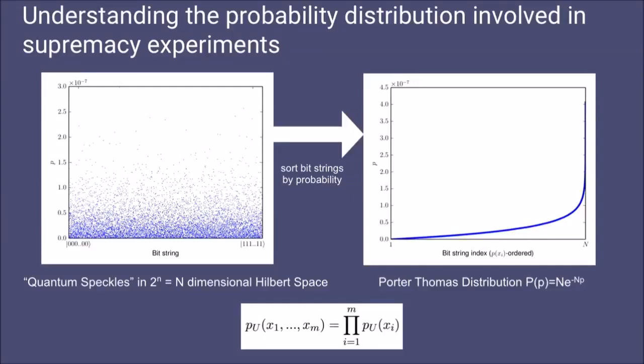So basically, because we have a very coherent device, you get these speckle patterns, but now in Hilbert space, in qubit space. And therefore, the probability distribution that you will measure from or draw samples from has this very intricate speckle-like shape.